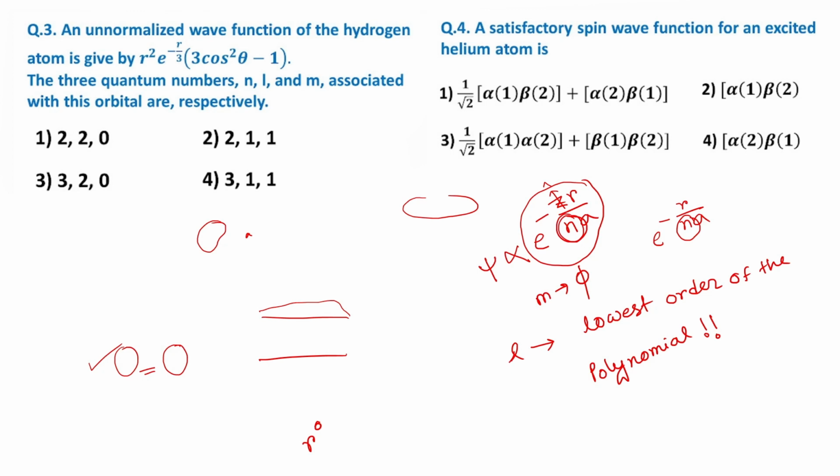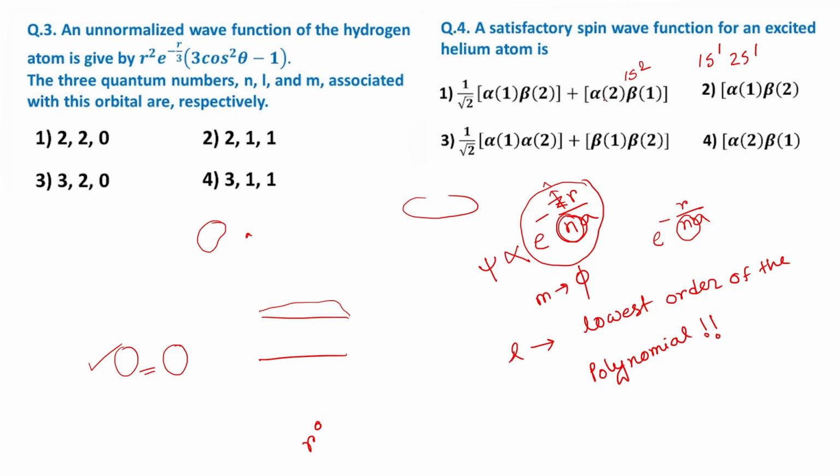So the question says a satisfactory spin wave function for an excited state helium. Helium in ground state is 1s2, right? Suppose the excited state is 1s1 2s1, and obviously electrons are indistinguishable, so you can't say which one is which.